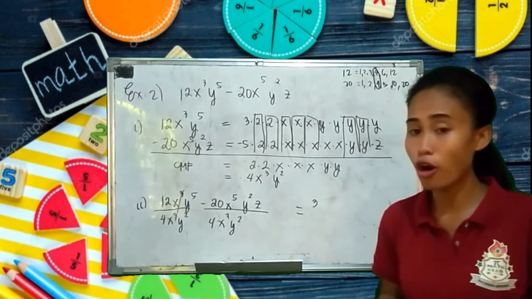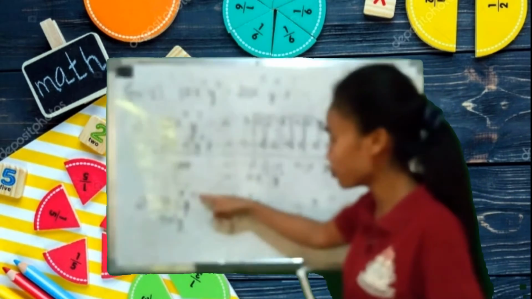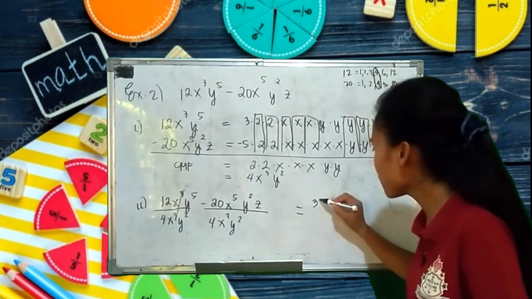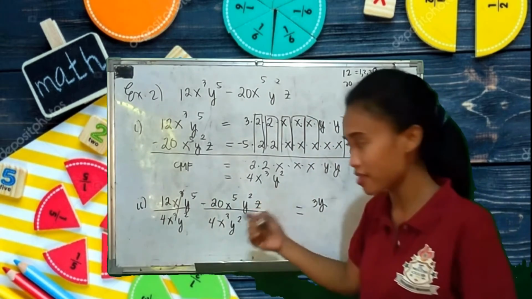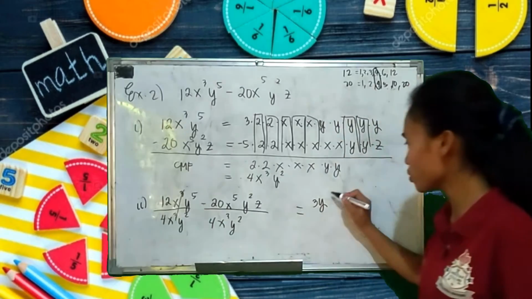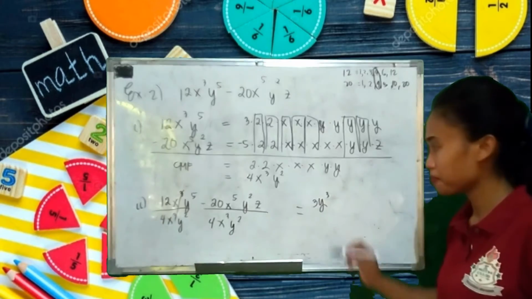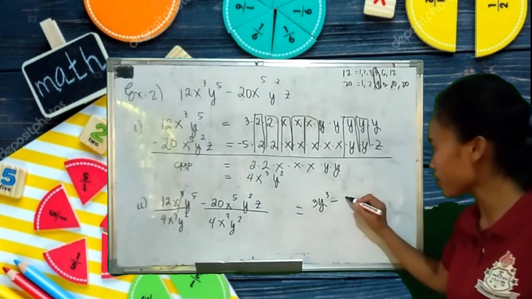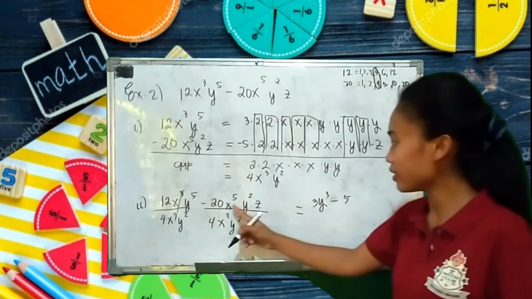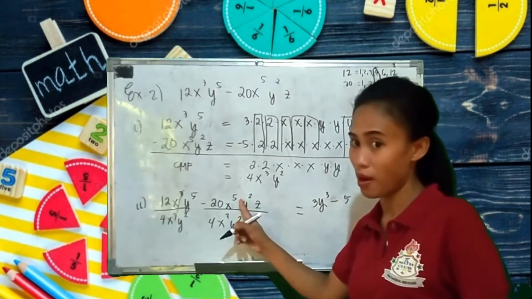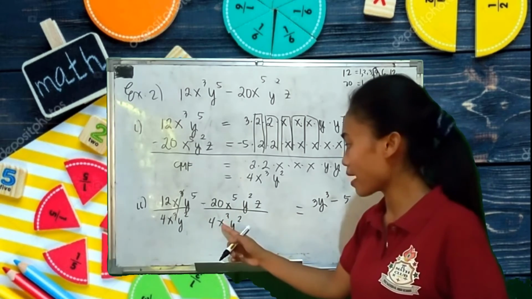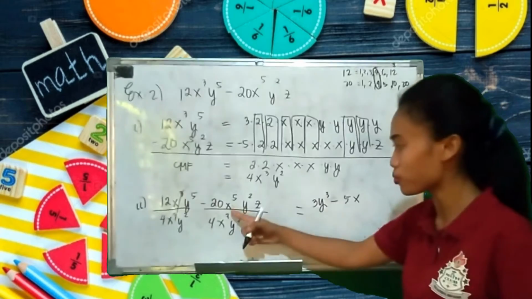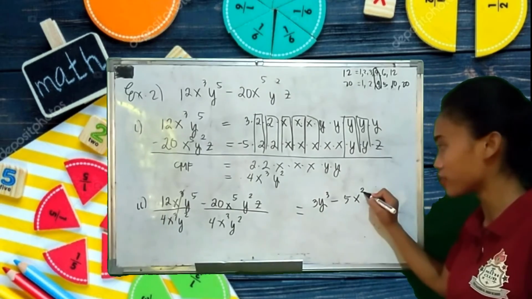By your law of a quotient, you need to subtract their exponents. So you copy the variable y or the base, and then 5 minus 2 is equal to 3. Minus 20 divided by 4 is equal to 5. And then x raised to the 5th power divided by x cubed is equal to x. Copy the base and then subtract their exponents, so we have squared.